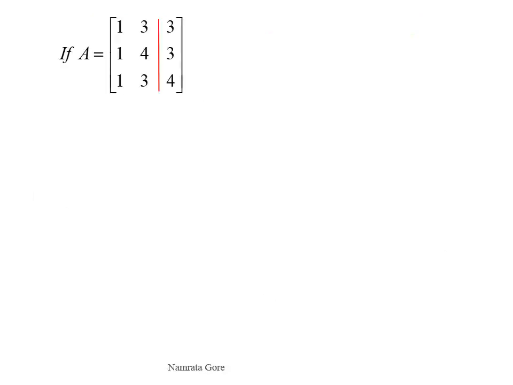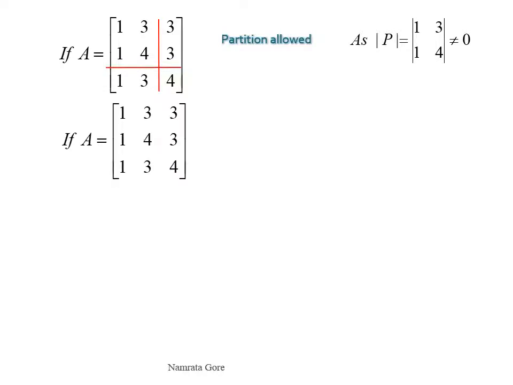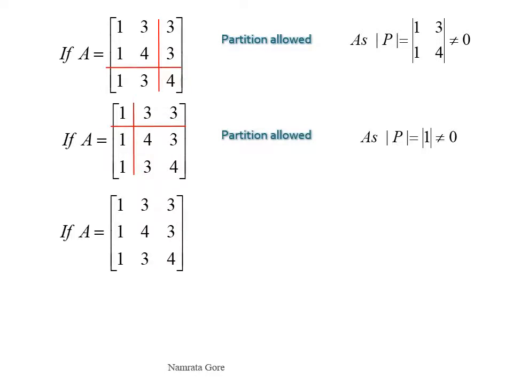Let us see some examples here where such a type of partition is allowed because the determinant of P is not equal to 0. In the same example, we have seen the second partition. This partition is also allowed because P is again a non-singular matrix.